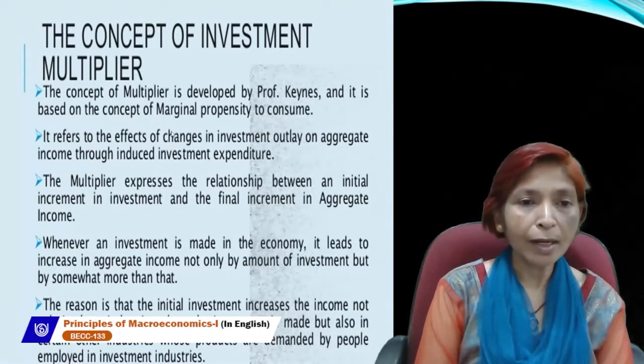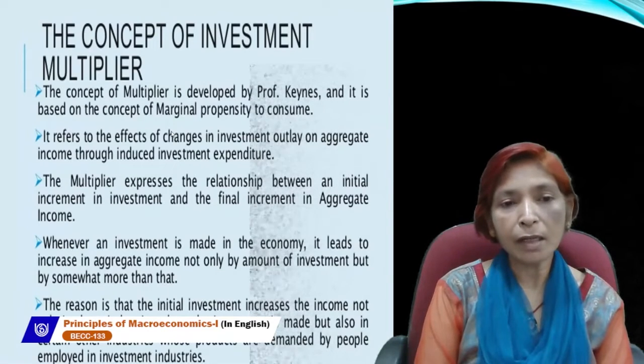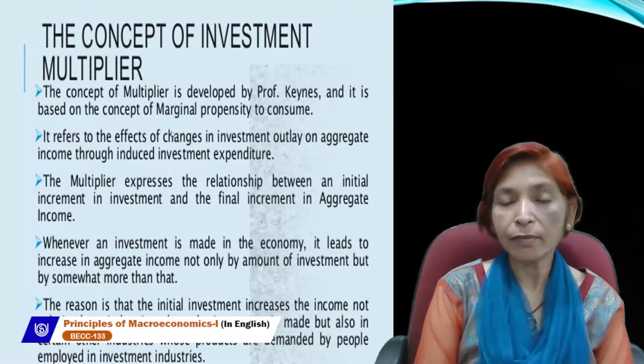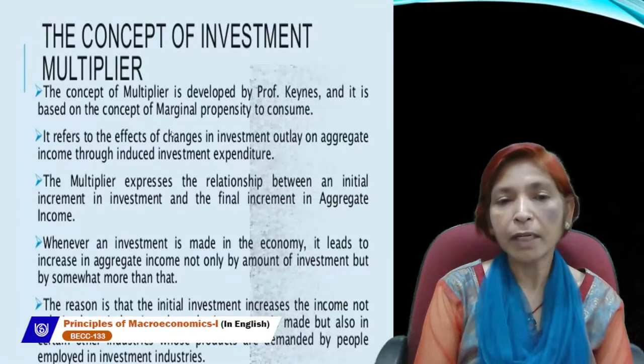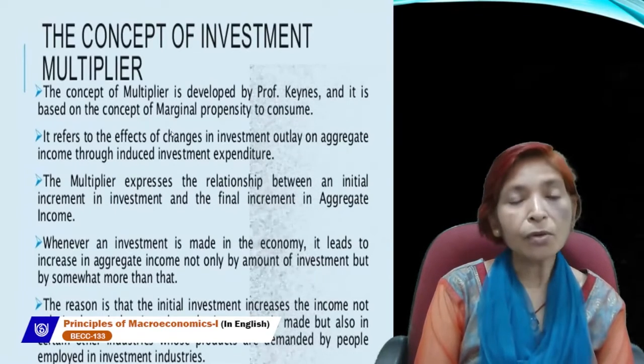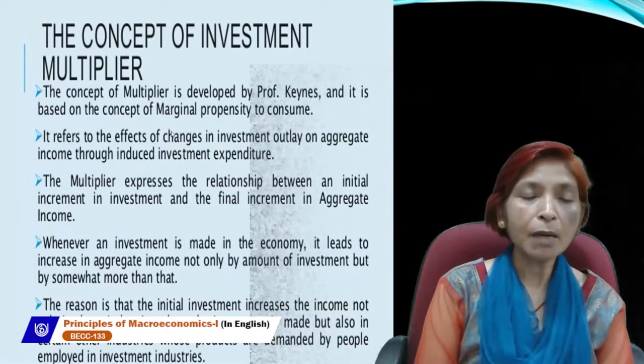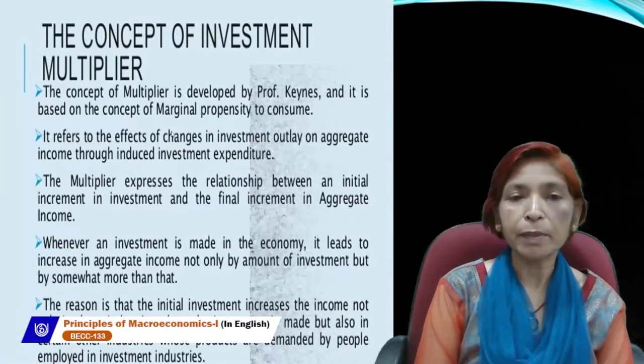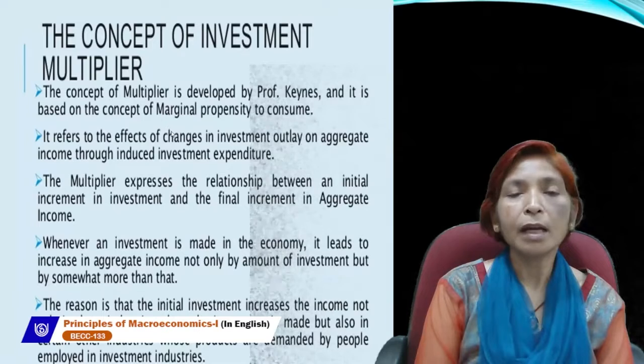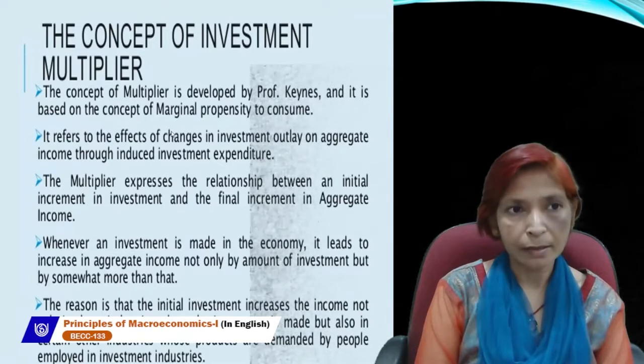After getting one-time employment, he will earn income for 30 years, and after that he will take retirement pension. So one-time employment increases the income of that person multiply. That is called employment multiplier.